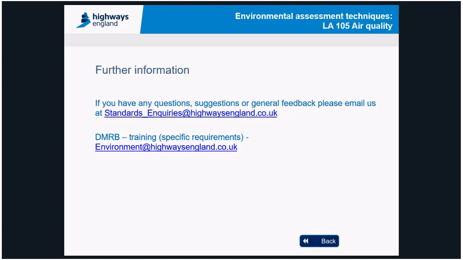I think, Paul, I'm just reading through your comment now around nitrogen deposition of protected species and habitats. Obviously, we as Highways England have got to respond to the National Policy Statement for National Networks, and within that, it has set a broader scope.